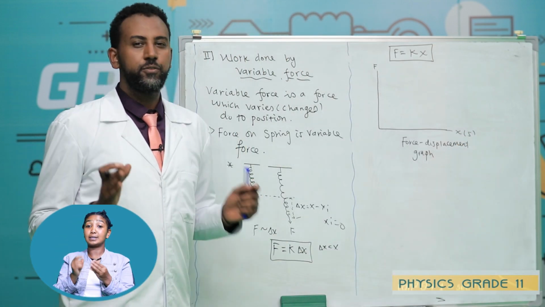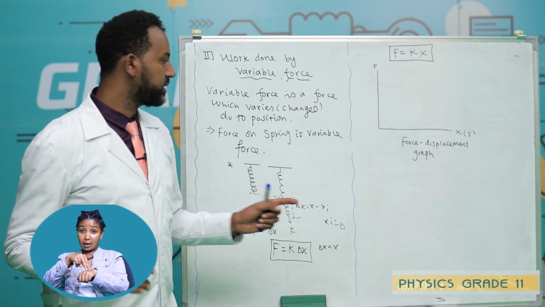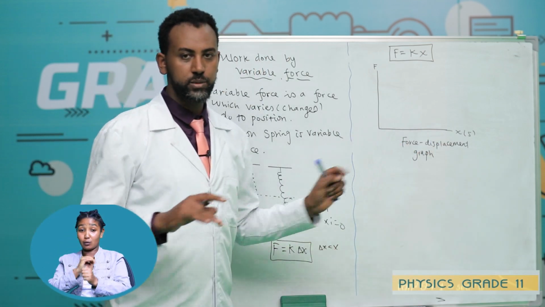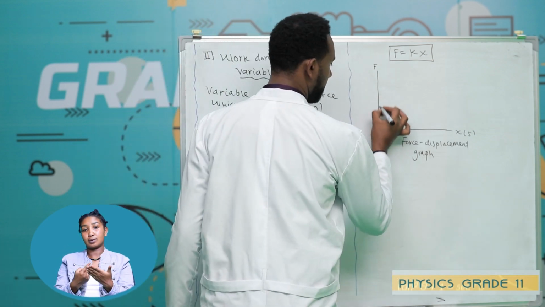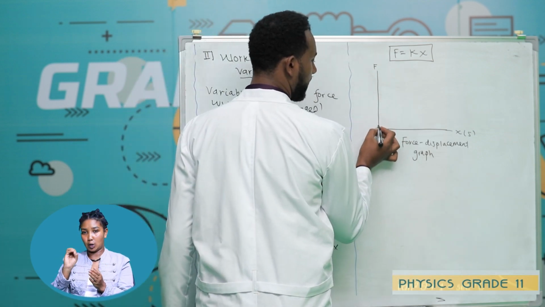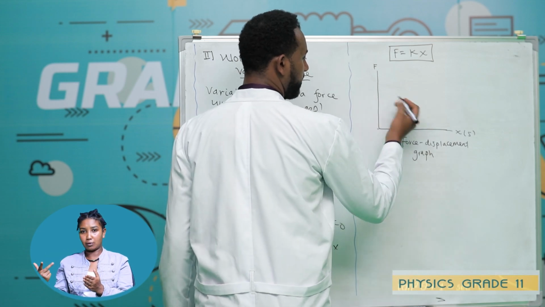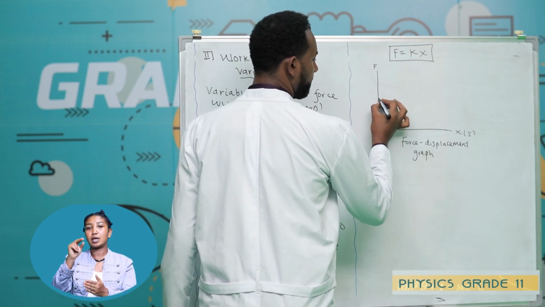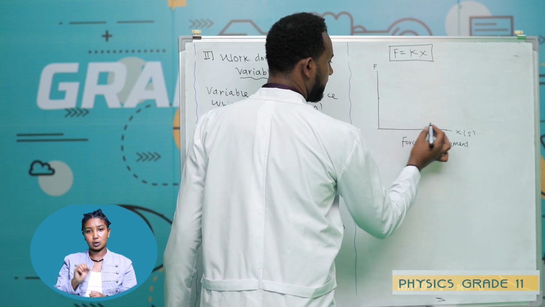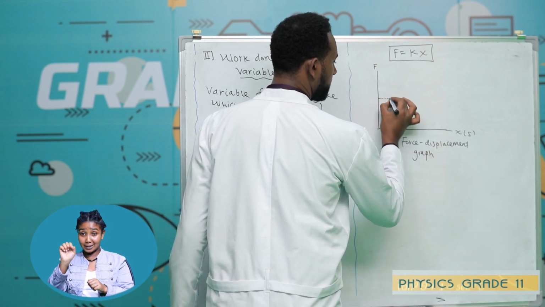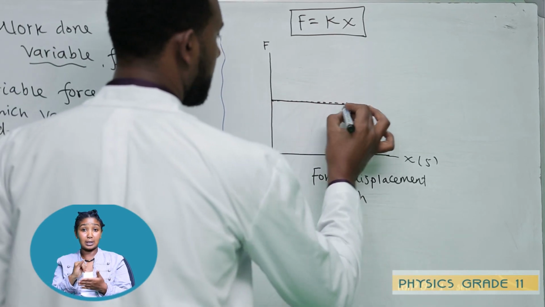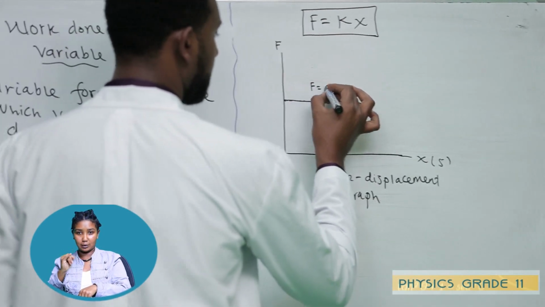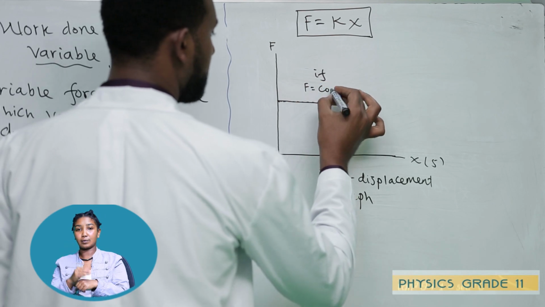In this case, if the force is constant, that means due to the change of the displacement there is no variation of the force. Let's say this is 0, we can take 1, 2, 3, and let's say the force is 10 Newton. So whenever there is a change of displacement, the force remains constant. This is constant force.